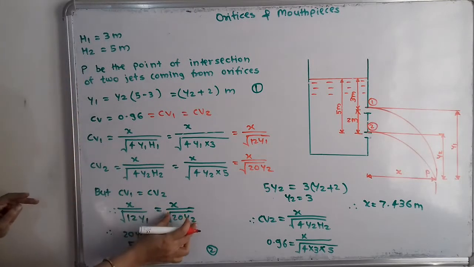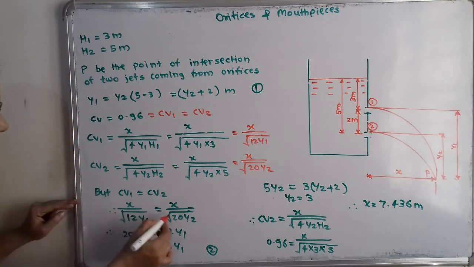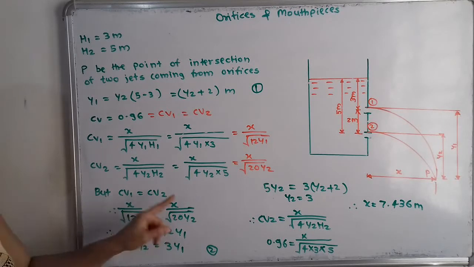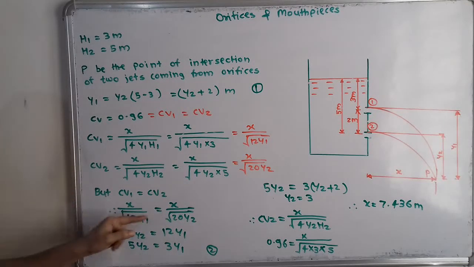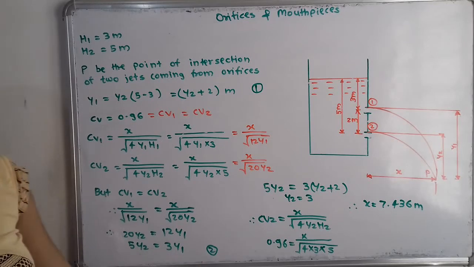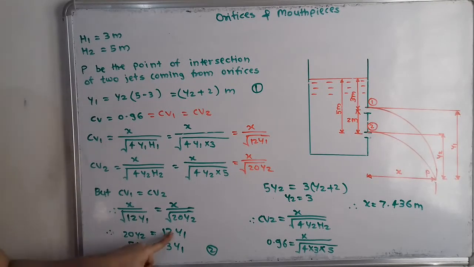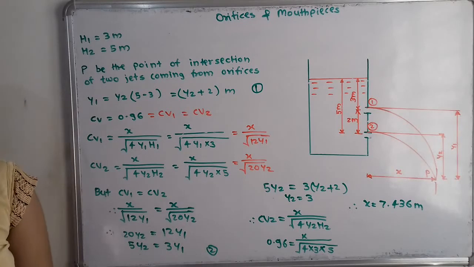Now we cross multiply: x into the square root of 20 y2 is equal to x into the square root of 12 y1. The x is cancelled and the square root is cancelled, so 20 y2 is equal to 12 y1. Simplifying, dividing by 4 on both sides, we get 5 y2 is equal to 3 y1. This is the relation between y2 and y1, equation number 2.